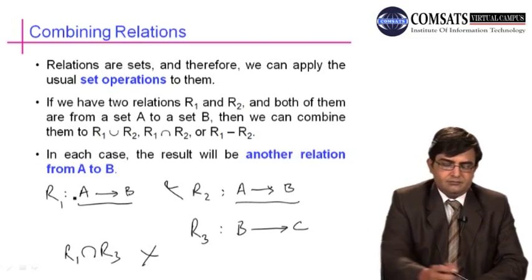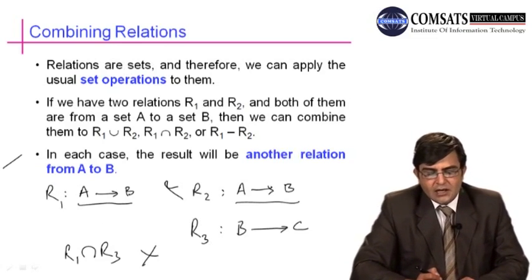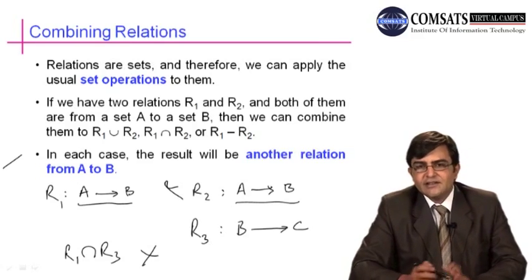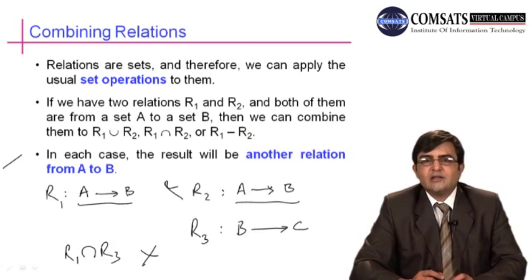If we take now, the third thing is here, if we take the intersection of two relations, the resulting relation must be some other relation. But R1 intersection R2 must be a subset of R1, as well as a subset of R2, which are the classical or traditional properties of sets.